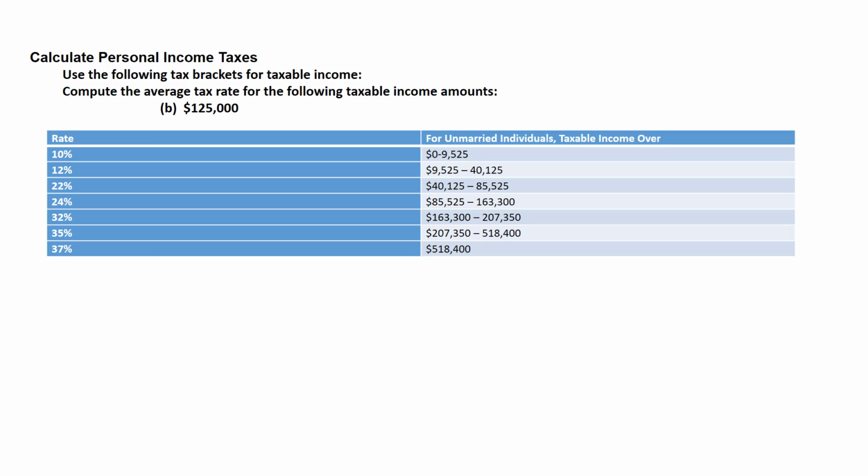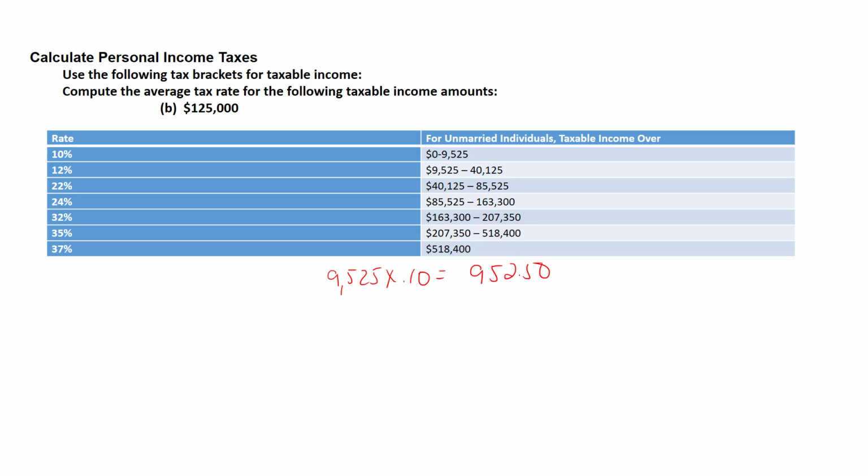All right, now we have someone who's made $125,000. So we start over and we go through the brackets just like we did at the beginning. All right, did we make more than $9,525? Yes, we did. So we're going to use all of the money in that bracket. Look at the next bracket.